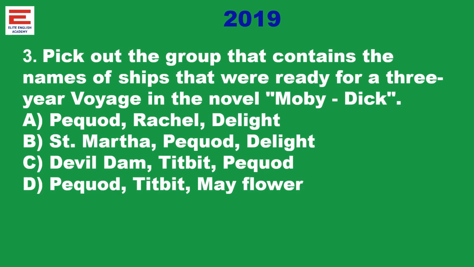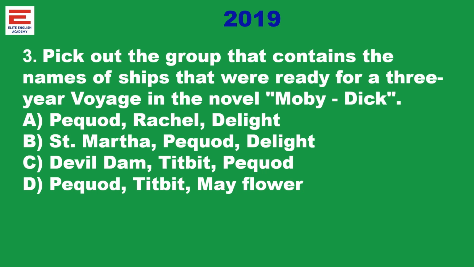Now question number 3. Pick out the group that contains the names of ships that were ready for a three-year voyage in the novel Moby Dick. Interestingly, most of the names given here are ships' names. They are figuring in the novel here and there. But especially in this particular chapter, there are three names that refer to three ships.